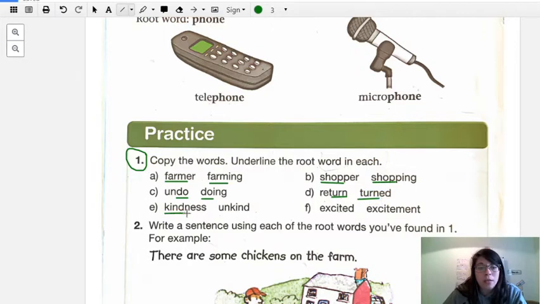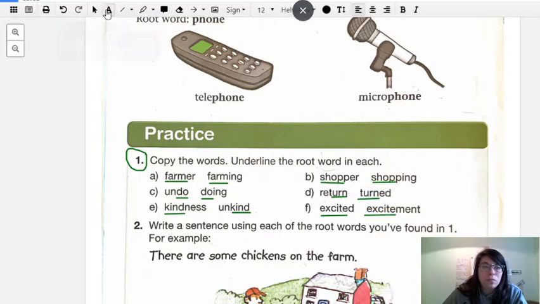So kind would be our root word. We added a prefix to say that it was bad, unkind, and we added a suffix, ness, to say that we're talking about kindness. Then we have excited and we have excitement. So it's definitely excite. The base word, the root word, okay?